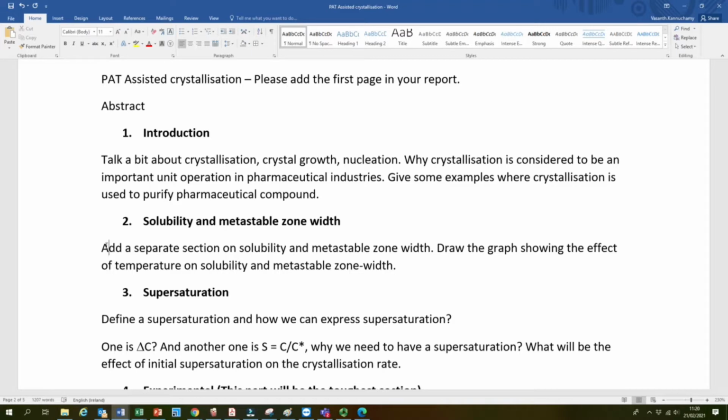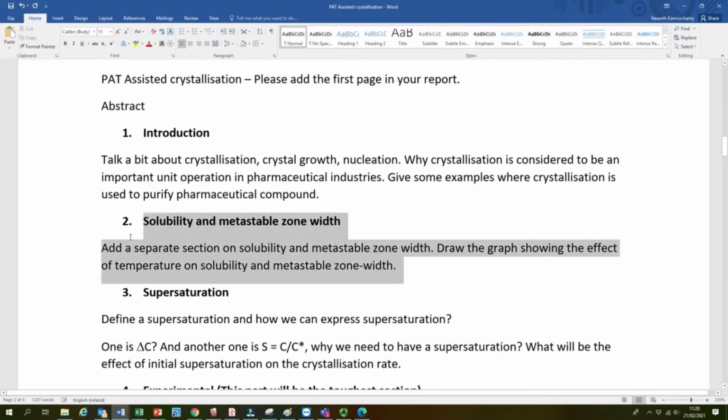I already talked about this in the lecture. So try to draw those graphs, and then add the graph, show where your solubility line is, what the metastable zone width is, and so on, and then try to explain how solubility changes with temperature, and the importance of the metastable zone width. So I think that should be enough.